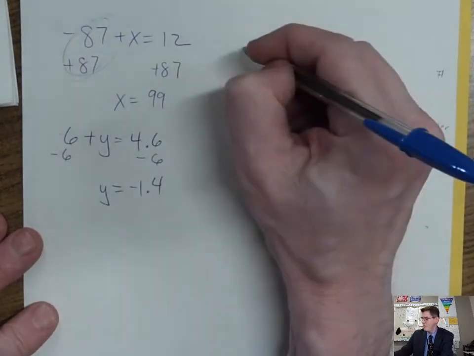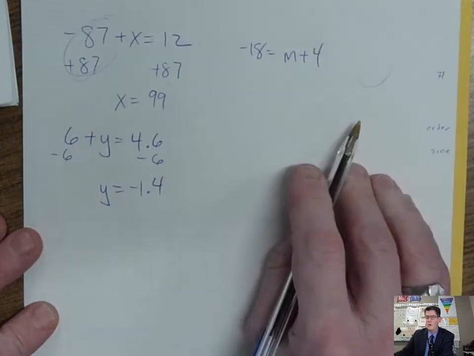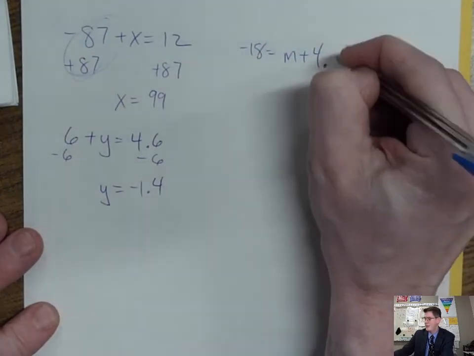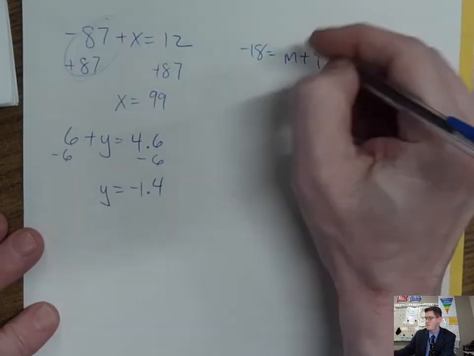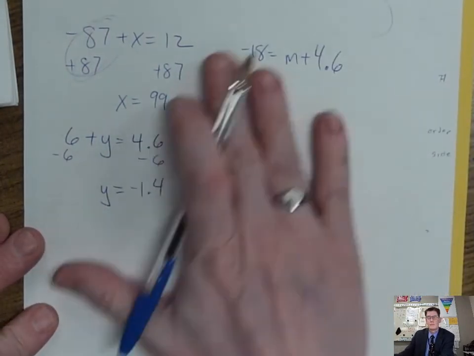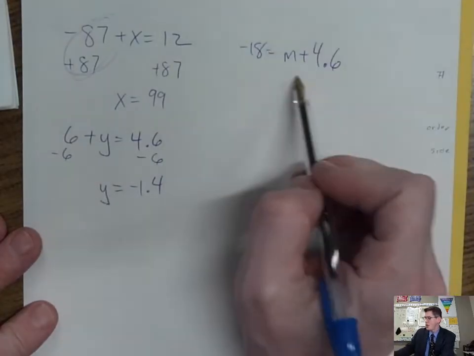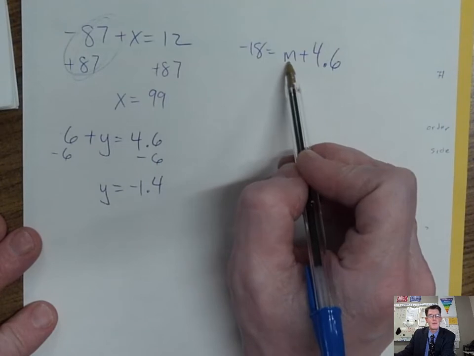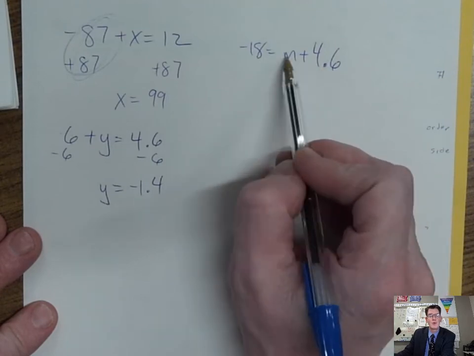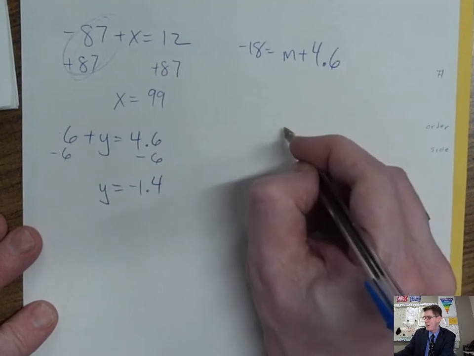It can even be, let's say we've got negative 18 equals m plus 4.6. Let me make this kind of hard. Lots of stuff on the desk. So it's the same item. It doesn't matter if the variable's on the right side of the equal sign or the left. We're still doing the same thing. We're still trying to get m all by itself.